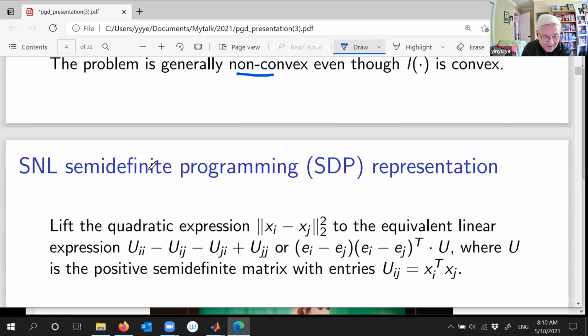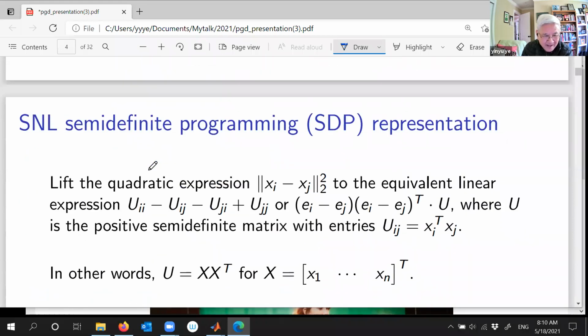For these problems, just like many other distance geometry problems, you can use so-called semidefinite programming to represent it. For xi and xj, these are the coordinates.